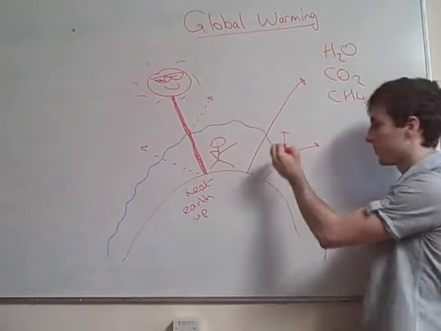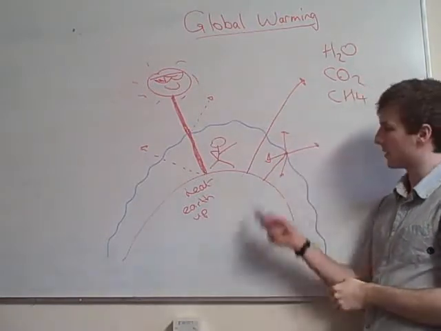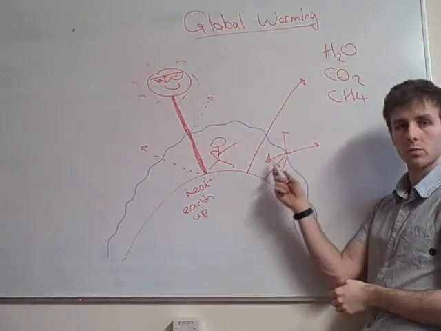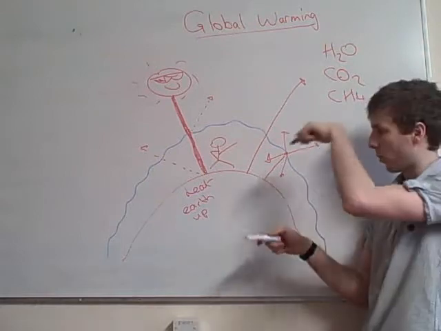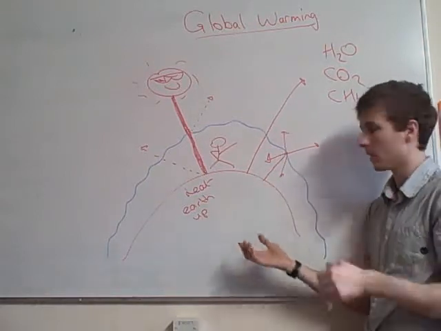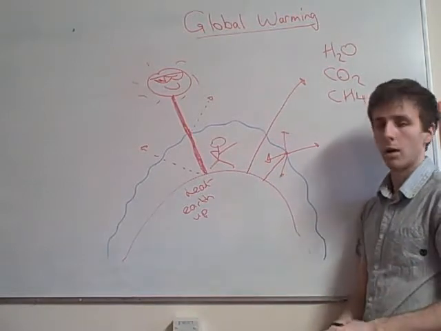Basically they scatter it. So overall, what happens is greenhouse gases give these infrared radiation rays back down to Earth. They force them back down. And of course, more infrared radiation means more heat means a hotter Earth, ice caps melt, we're all in trouble, basically.